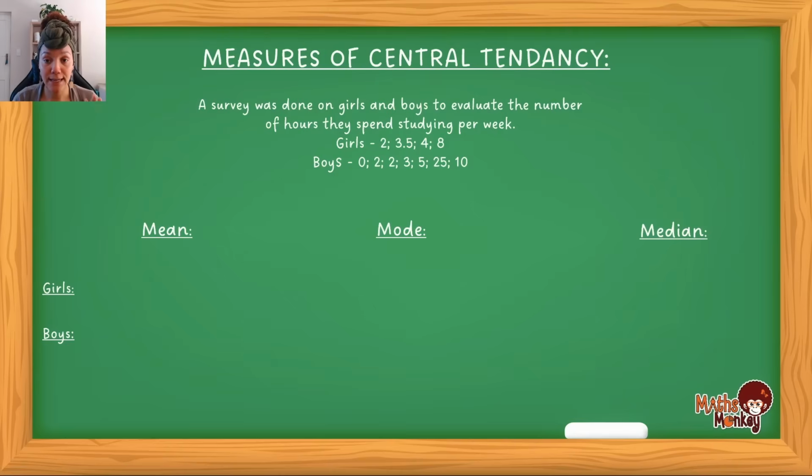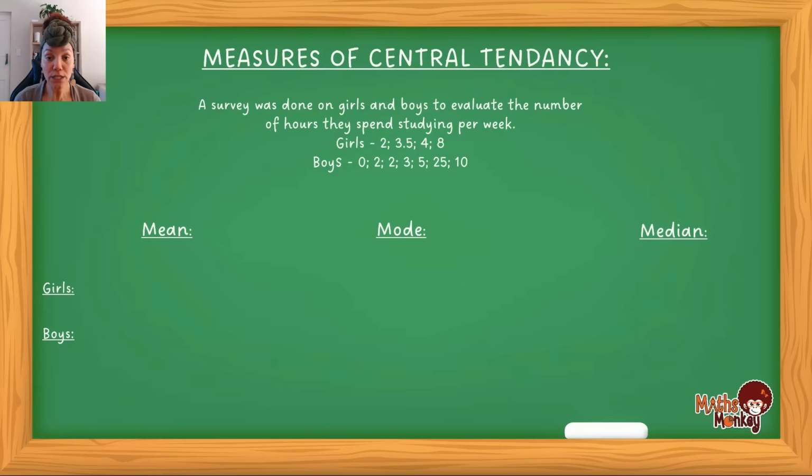Measures of central tendency tell you the information around the center of the data. In this case, it refers to your mean, the mode, and the median. Measures of dispersion refer to how the data is spread out, how it disperses. That is your range, your interquartile range, your box and whisker plots, and that section.